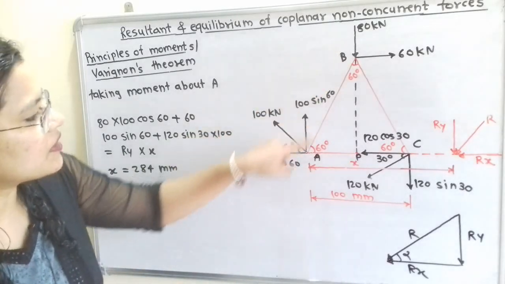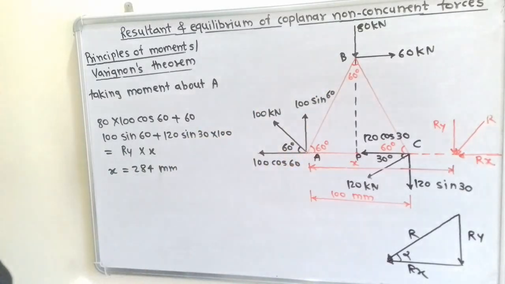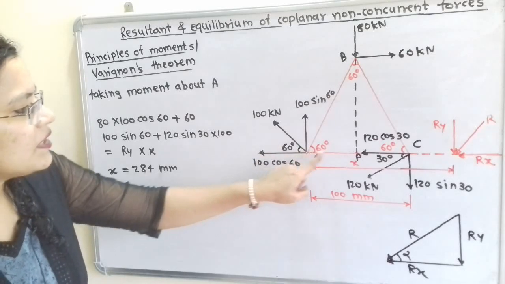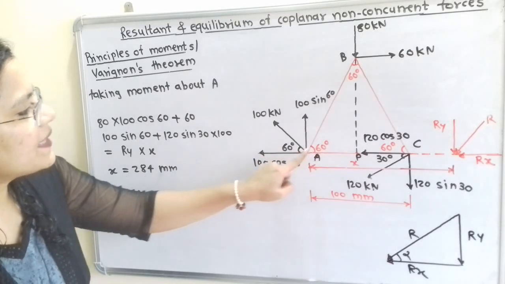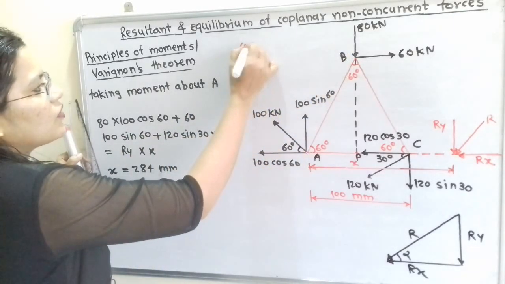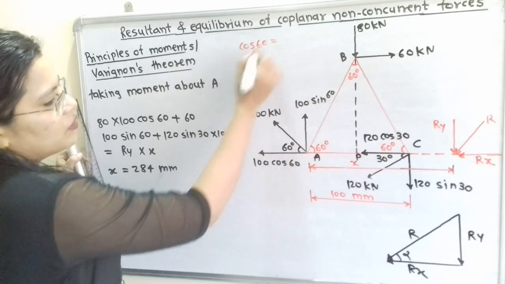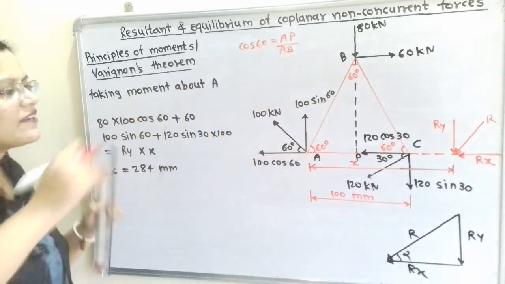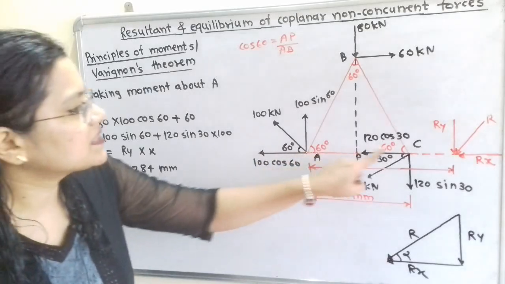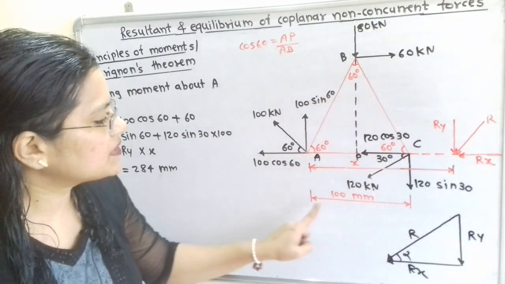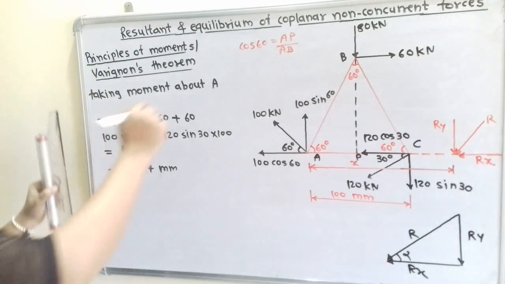So if we observe, then this cos of 60 we can write here as a nearby side, that is AP divided by AB. So I will write here cos of 60 is equal to AP divided by AB. Now in question it is given that each side, because this is the equilateral triangle, so each side of this triangle is equal to 100 millimeter.